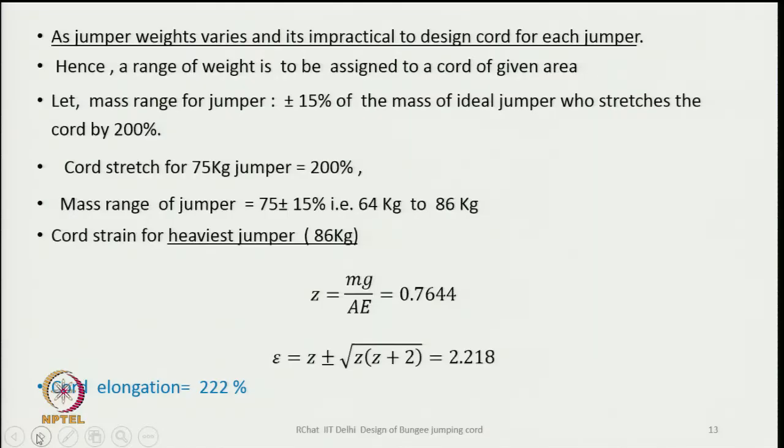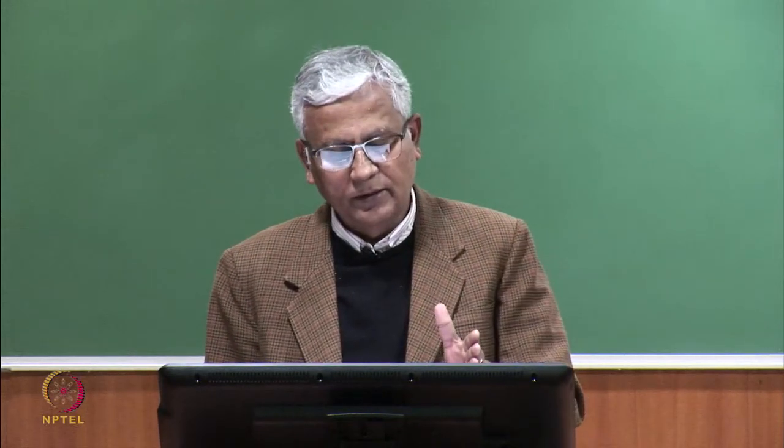Now comes problems, that is a jumper's weight varies, we do not know what is going to be the weight of the jumper. So, we started with designing for a jumper assuming his weight is 75 kilo. But if we want to satisfy a wide range of jumpers whose weights may vary, so whatever we have till now designed for a 75 kilo jumper, it will work also for a jumper who is less than 75 kilo.